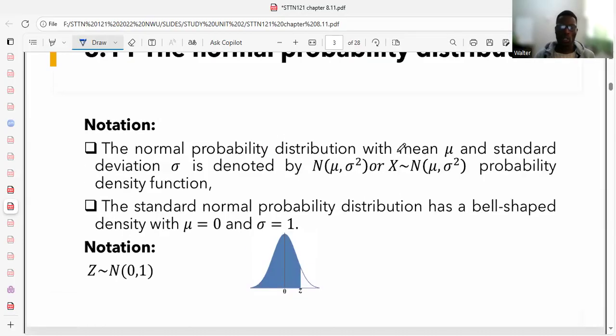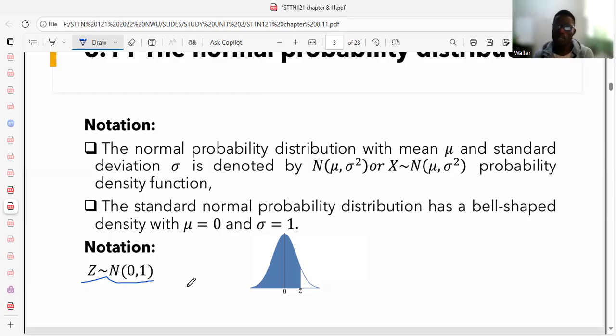Another thing under the normal probability distribution, guys. Please note that if they give you a statement or a question, and on that question they give you a symbol like Z, I saw it on STTN 121 and also STTF 121.